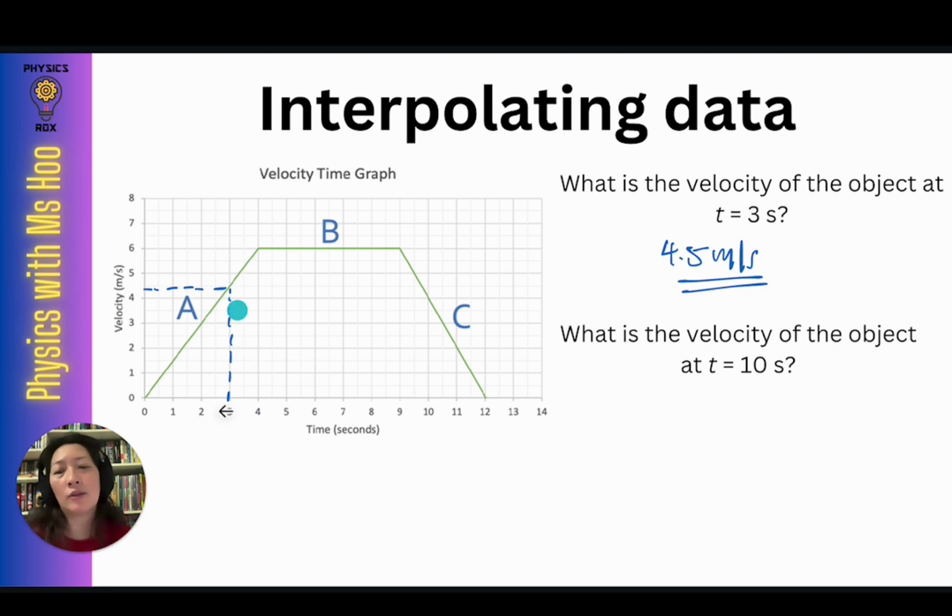The difference between a dotted line and a solid line is that dotted lines are guidelines. It's something that we add on to help us interpret the data. A solid line like this is the actual graph line. So when we draw solid lines, this tells us this is the graph. Dotted line is a guideline. By differentiating this very clearly, it helps anyone who's looking, especially the examiner, to see, oh, okay, this is the actual graph in the question, and the student is drawing dotted lines as guidelines to be able to look up values.